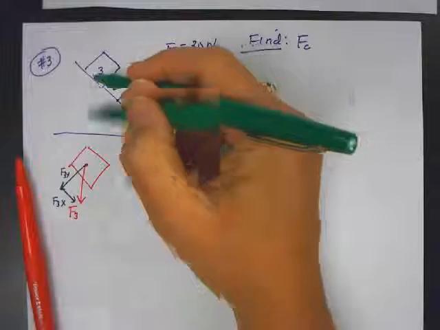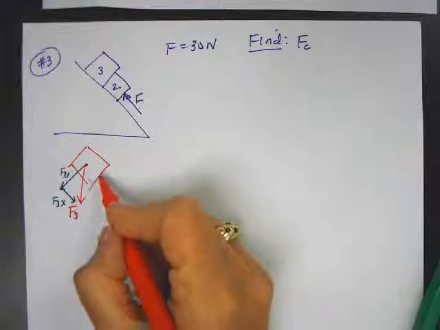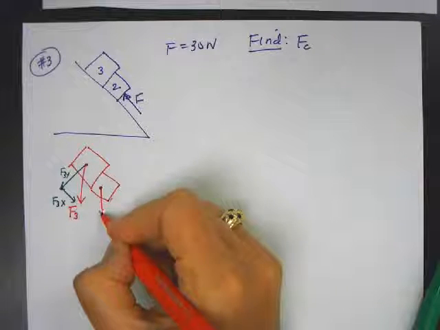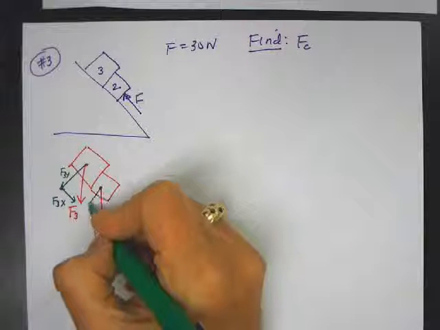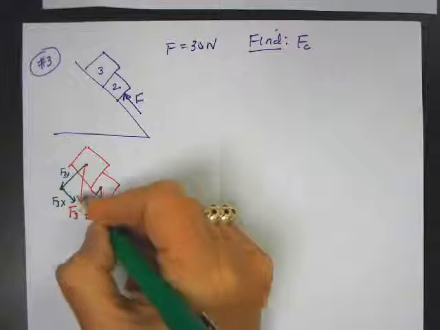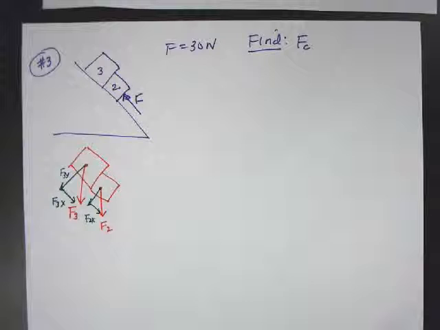And I'm going to have the same thing for the 2 kilogram block, where the weight acts down, and then I have the components. So there is going to be a component of both of these blocks acting parallel to the surfaces in contact, and I have to take that into consideration.